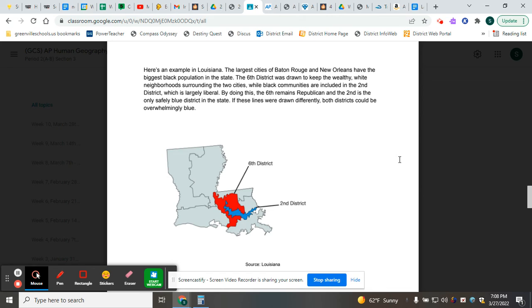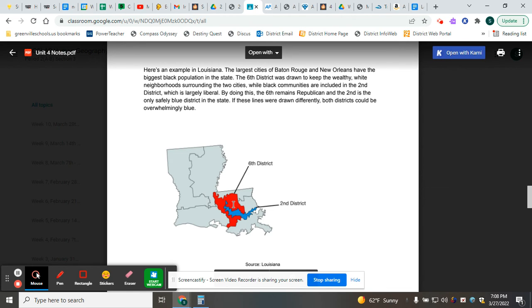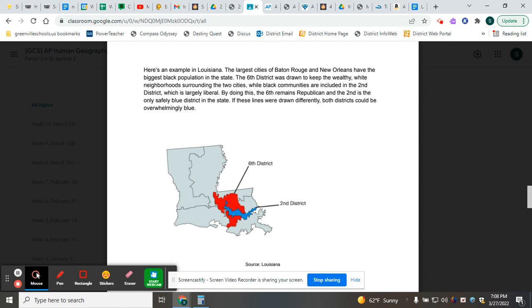That's a great example of gerrymandering, the 6th district. You see how they drew the lines of that district to guarantee that it remains a Republican district. Not everybody in that district votes Republican, but the vast majority do.